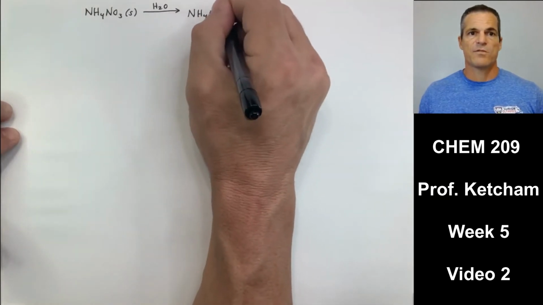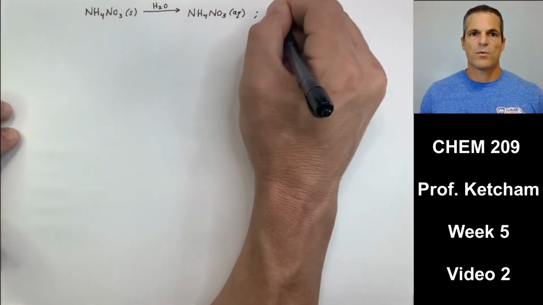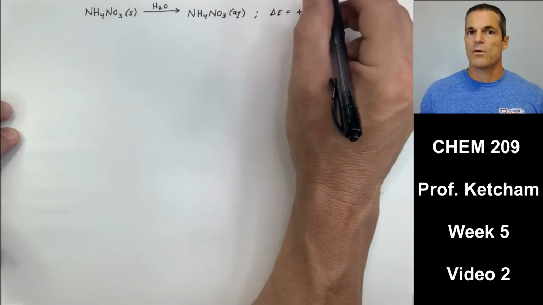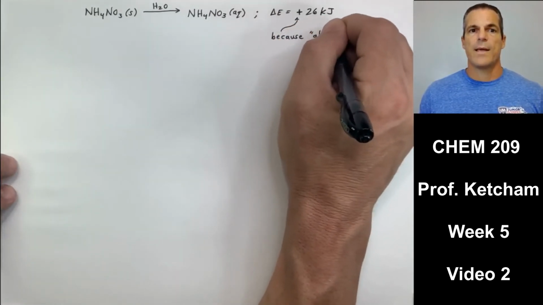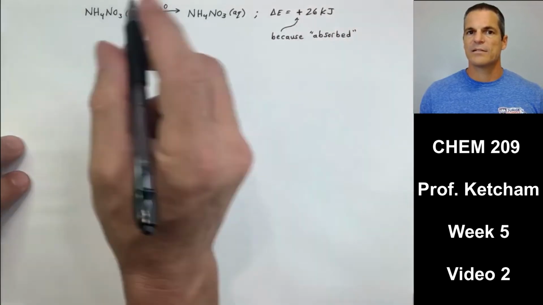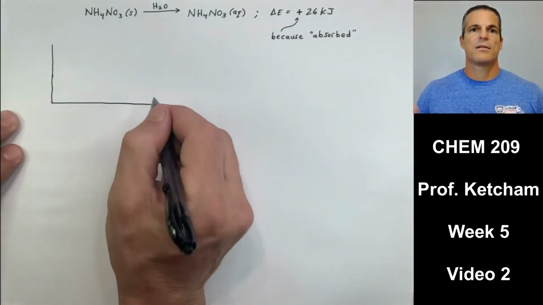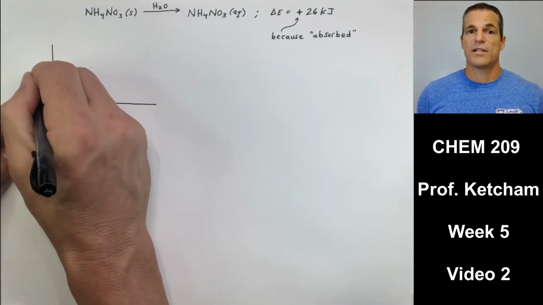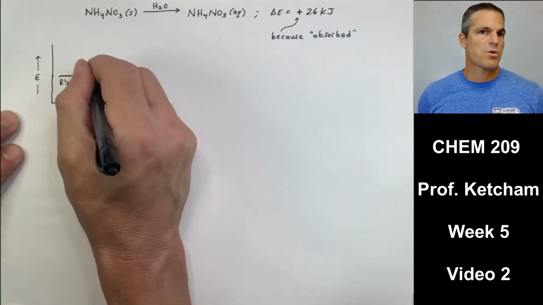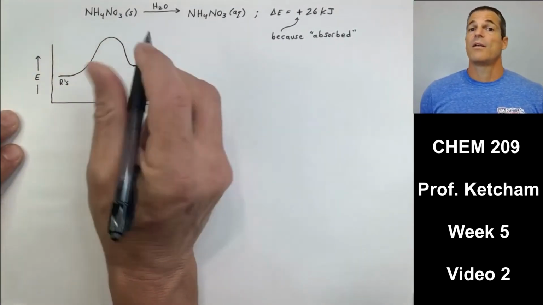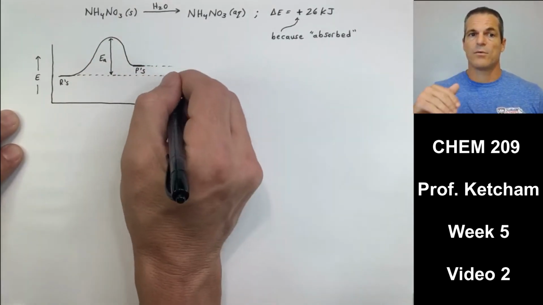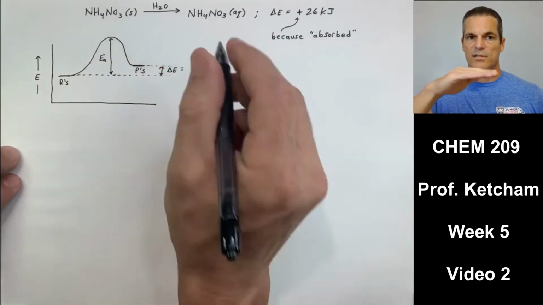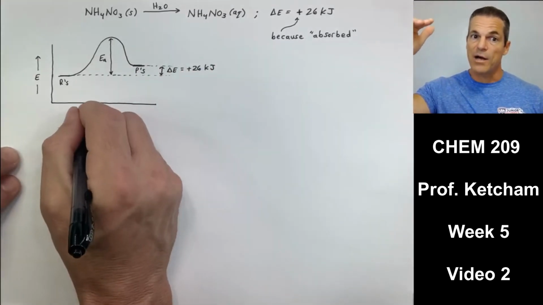So here I have NH4NO3 solid. The presence of water becomes NH4NO3 aqueous. Okay, so just the act of dissolving NH4NO3, this is kind of like in those cold packs that you break. The delta E here is plus 26 kilojoules because the energy is required or absorbed. Now, the reaction energy diagram for this one is different. You'll notice that the reactants start at one level and the products are higher up.